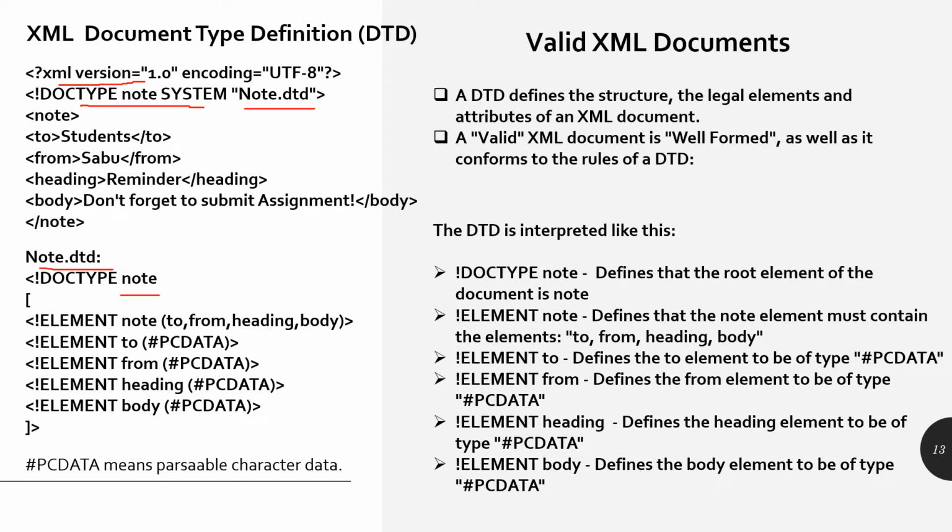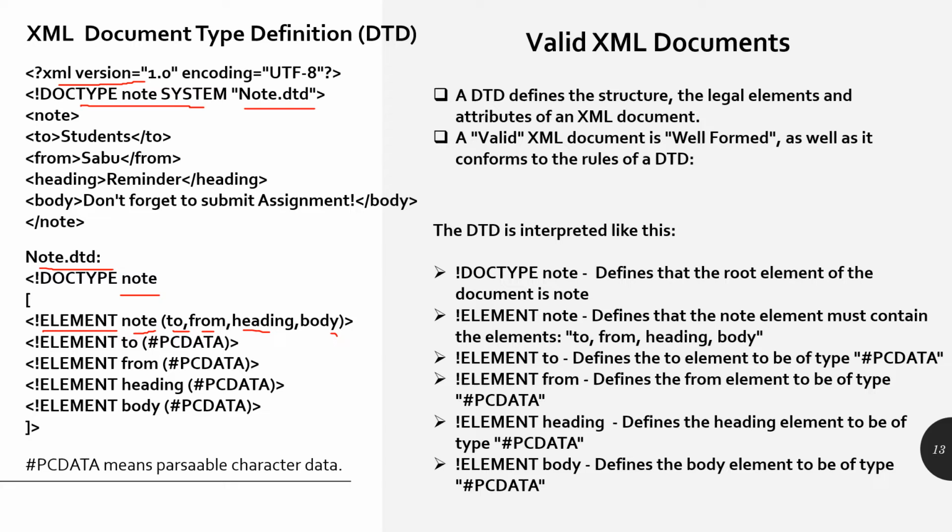Now the next thing is this element, which refers to the root element note containing the elements to, from, heading, body and all. That is the meaning of this.